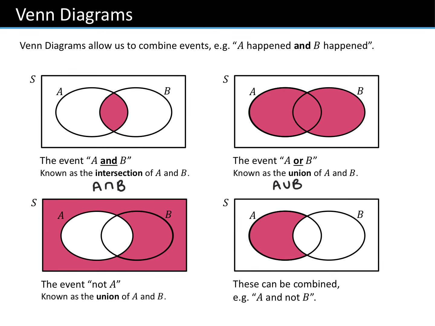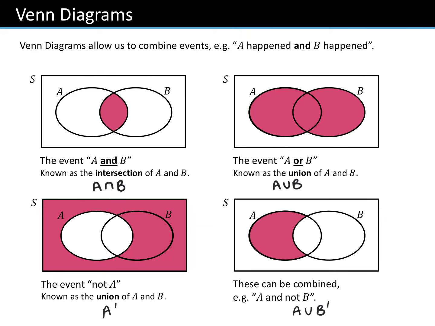Not A. Everything not A. A dash. And A and not B, this is A union B dash.